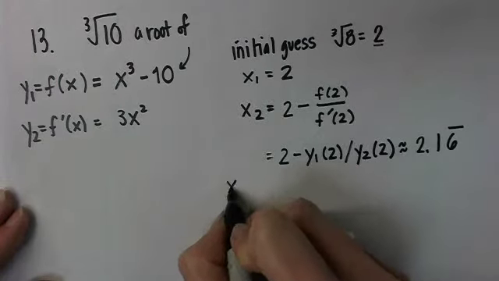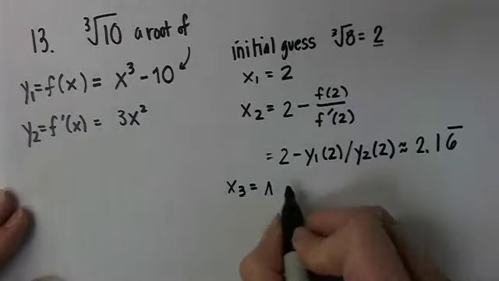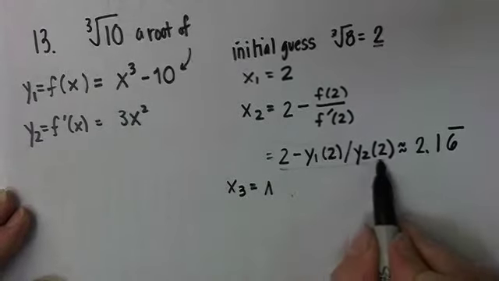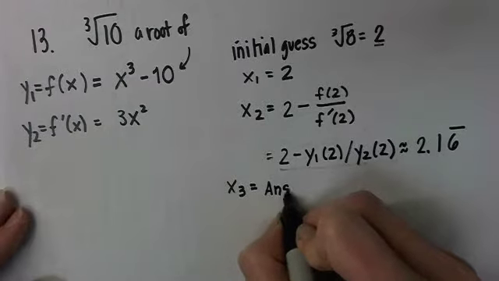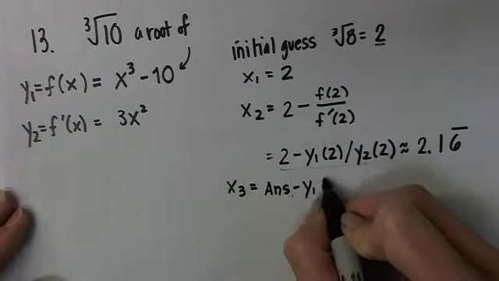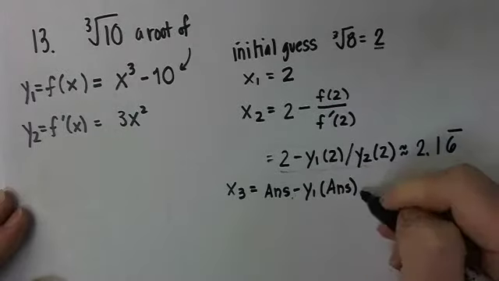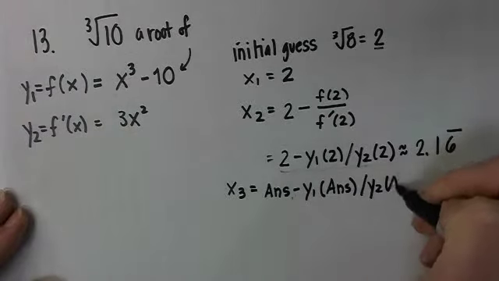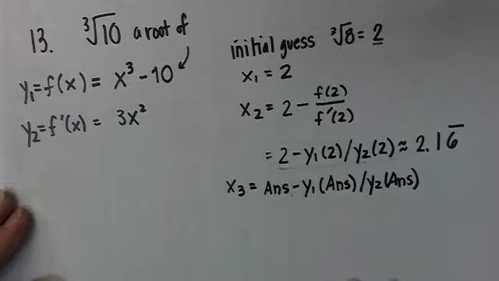Okay, so then the next iteration is going to be our previous answer. So if you're typing this in your calculator, then you can do second entry and pull up what you previously typed in, and then change all of the 2's to a and s for answer, and then y1 of the previous answer, which is 2.16 forever, divided by y2 of the previous answer. The answer you get by hitting second and then the minus sign.